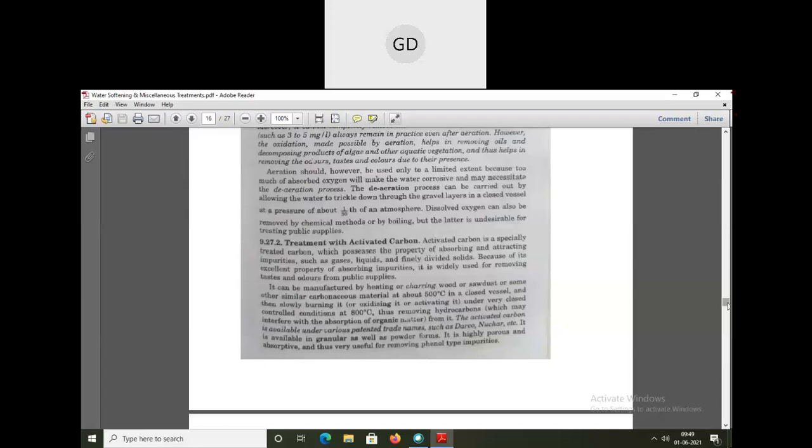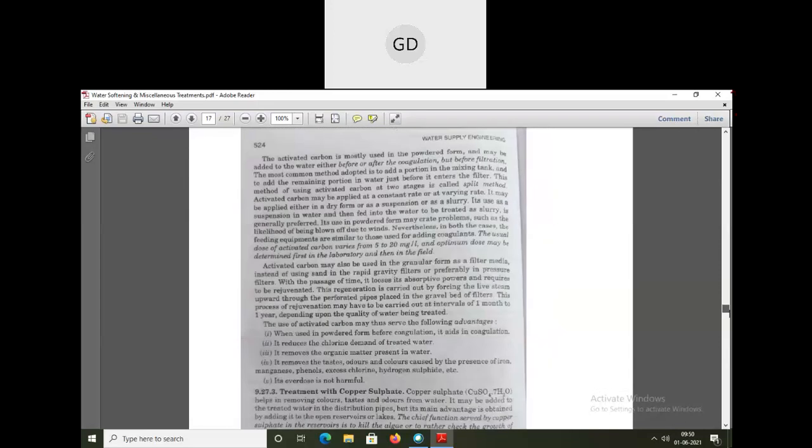Because of its excellent property of absorbing impurities, it is widely used for removing taste and odor from public supplies. So for removing taste and odor, you can also use activated carbon. This is one process.